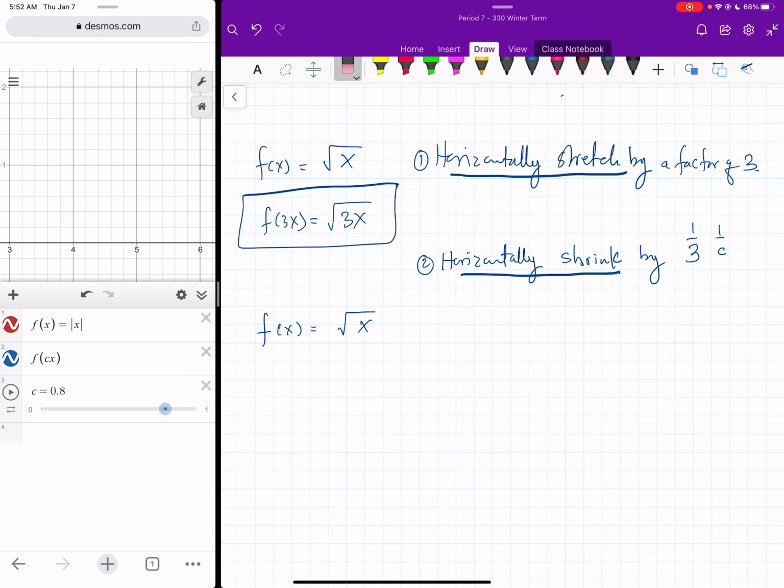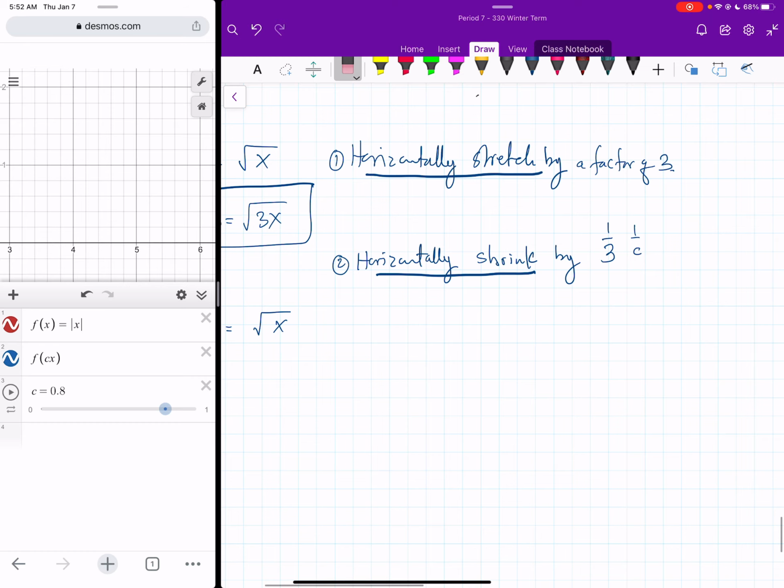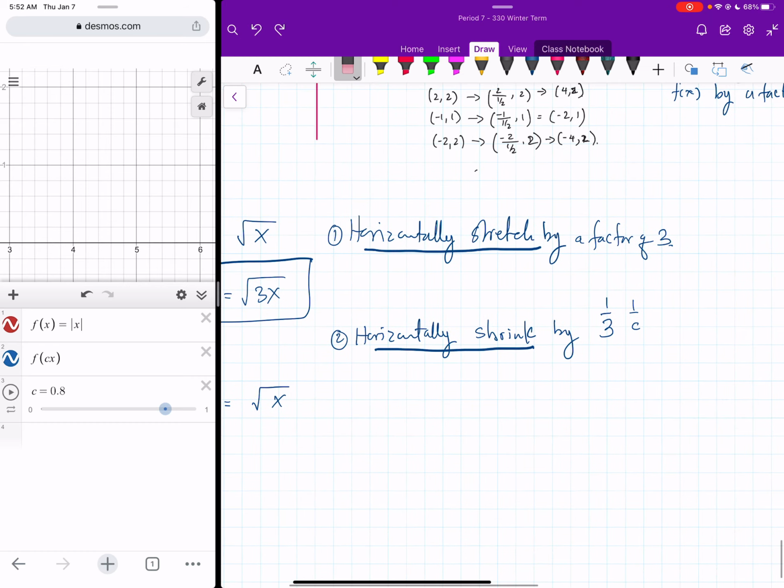It says horizontally stretch, so C is supposed to be between 0 and 1. So really this 3 was coming from 1 over C. So how do I get 1 over C? This would have to have been 1 over what? 1/3.